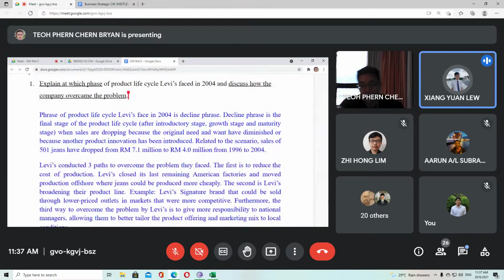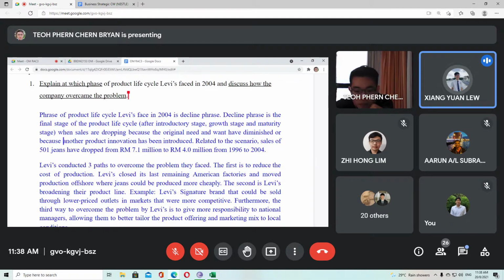Question one is: explain at which phase of product life cycle Levi's faced in 2004 and discuss how the company overcame the problem. So the phase of product life cycle Levi's faced in 2004 is the decline phase. Decline phase is the final stage of the product life cycle, which is after introductory stage, growth stage, and maturity stage.